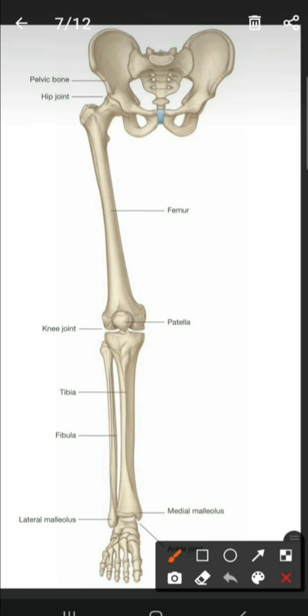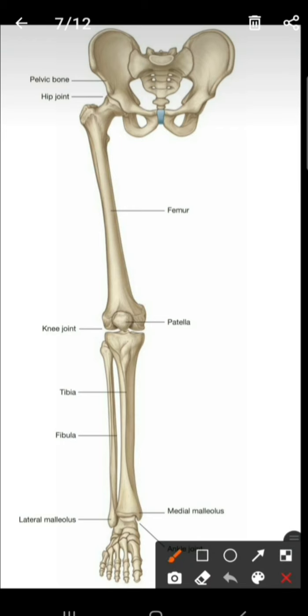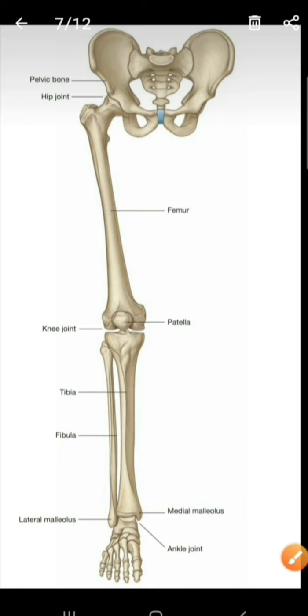This is the tibia. This is the fibula. In our body, the fibula does not have any function. It is used for bone transplantation.